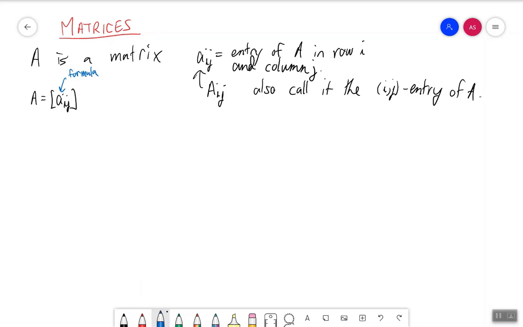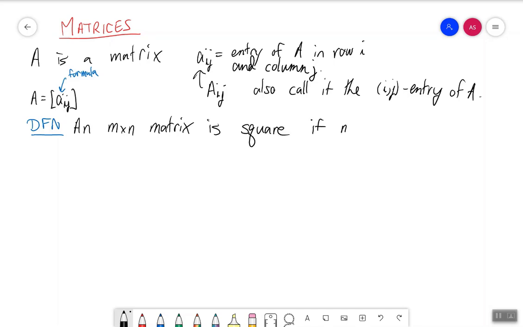Now a few definitions. An m by n matrix is square if m equals n, if it looks like a square.